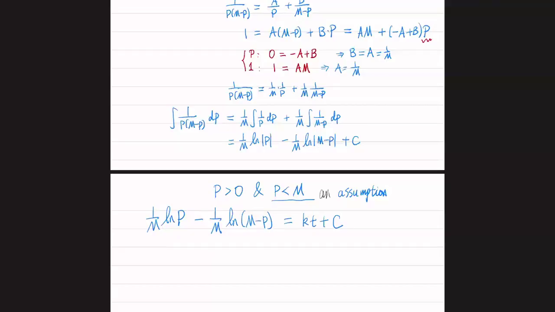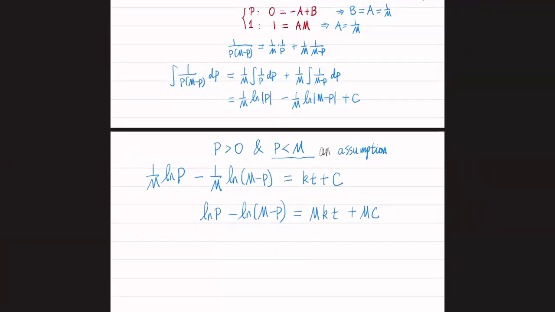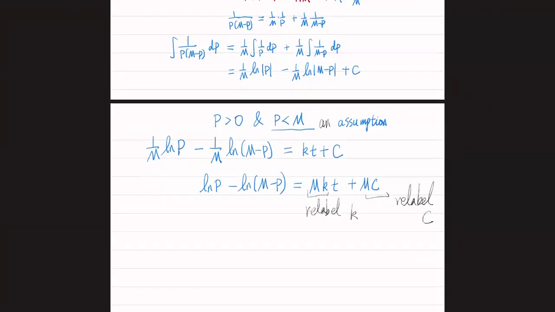To simplify our expression, I'm going to multiply both sides by M. And I will relabel the coefficients. I will relabel this, and relabel C. And I will use the property of the logarithm.